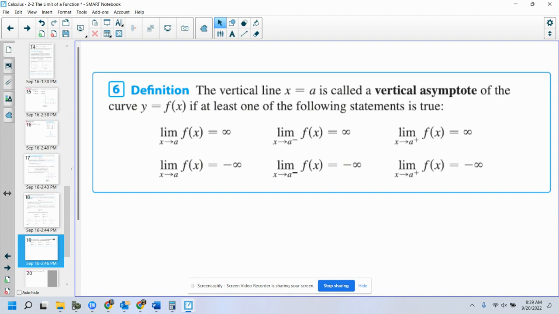The idea of a limit, as I take x closer and closer to some number, is that it's either going to get really big or really small. That is a vertical asymptote. How I explain a vertical asymptote in algebra 2 is that I'm going to get closer and closer to the number, but I'm never going to reach it, and it's just going to go up. That's a really basic definition, but this is the more eloquent way to say it.